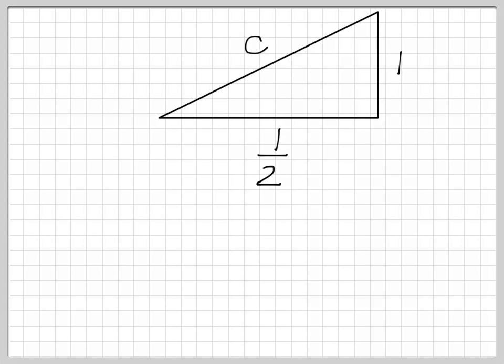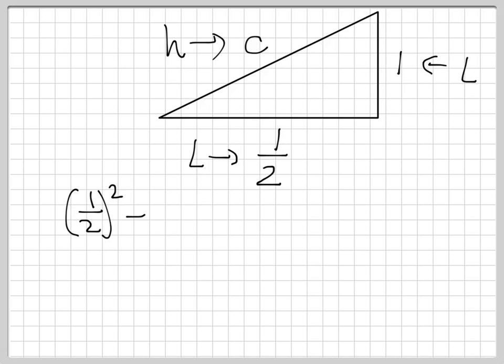So here I have a fractional side. This triangle is obviously not drawn to scale, but we know here's a leg, and here's my hypotenuse. And so we know that 1/2 squared plus 1 squared has to equal c squared.